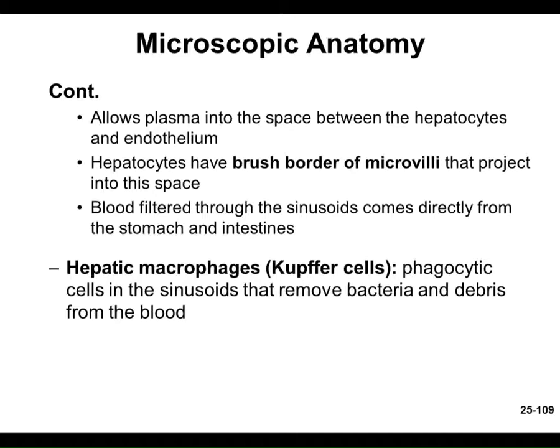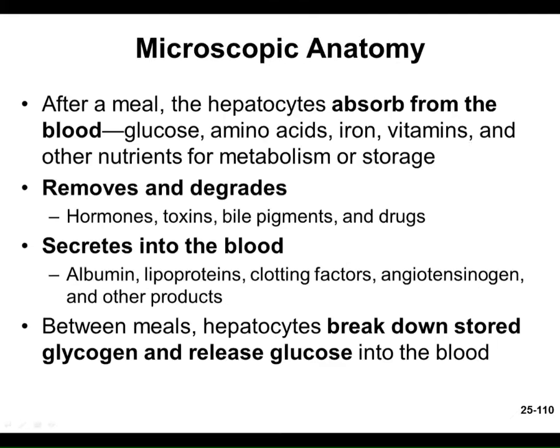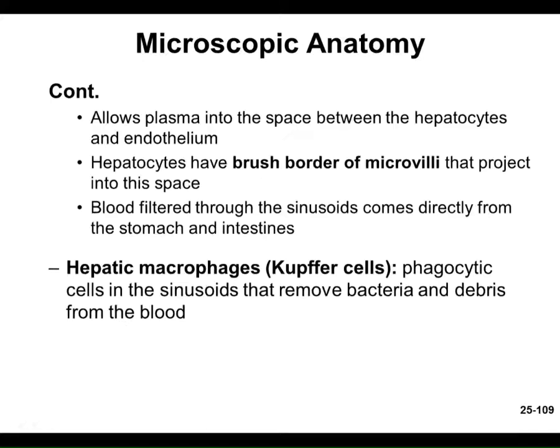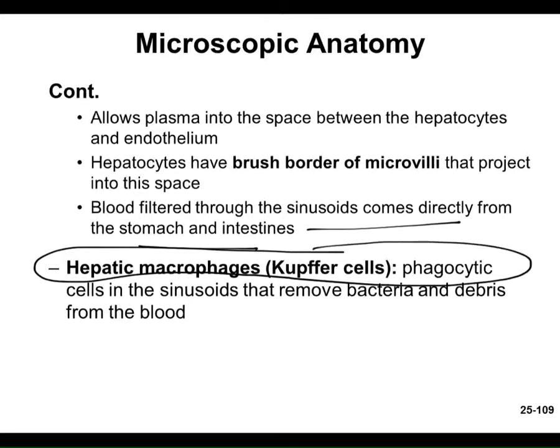This is going to allow for an interaction of the blood coming in from the intestines and from the stomach, and allow for a bunch of macrophages to be gobbling up any bacteria or debris that could be coming into your intestines that could be harmful to you.